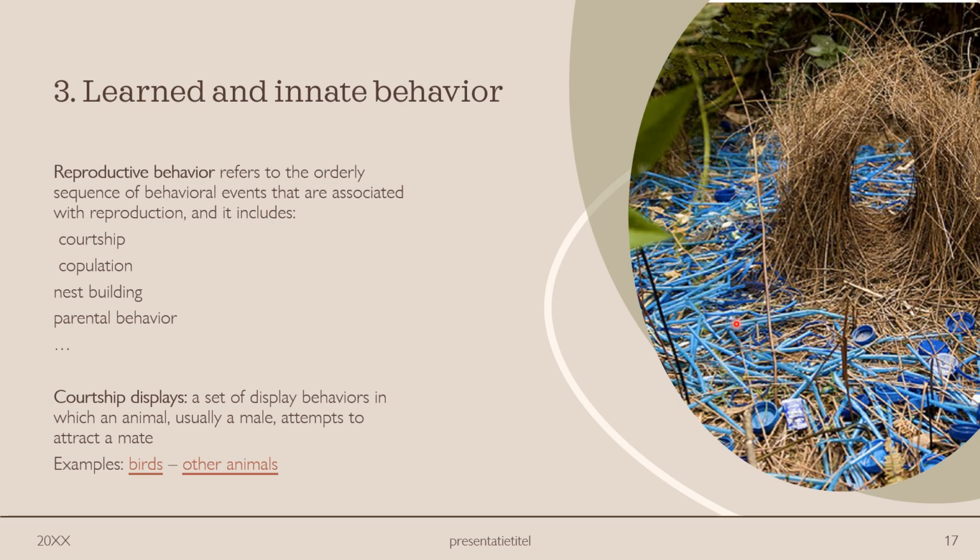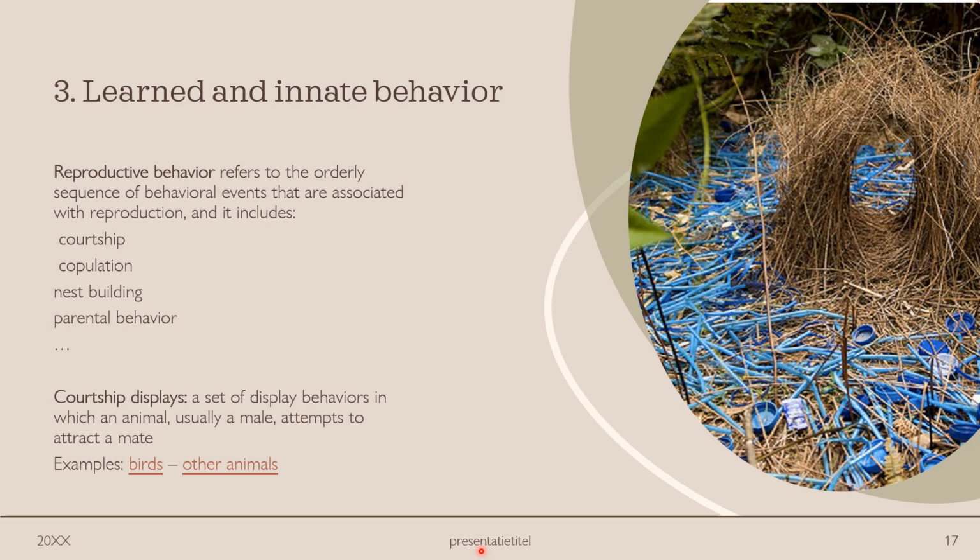Sometimes this is a very visual example of courtship display, but sometimes certain birds, water birds, make a kind of dance together, and only when they do it together, being very symmetrical and doing the same thing, then they know you are the one I will mate with. That's by movement.